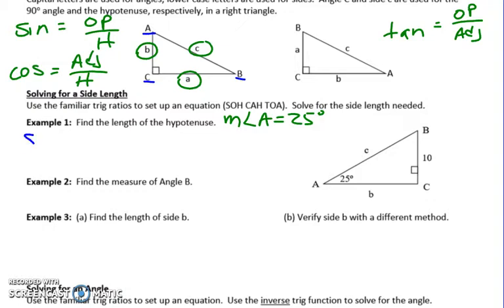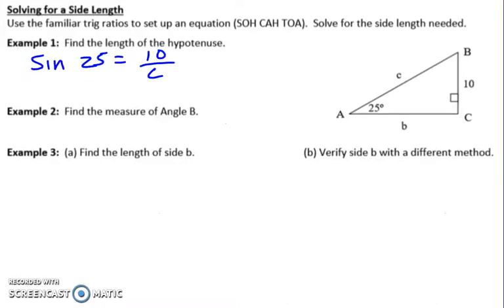So we can say the sine of 25 is equal to 10 over what we'll call c, which is our hypotenuse. So, to solve for c, we're going to set up a ratio. So we'll put this over 1. And we can cross multiply and say that the sine of 25 times c is equal to 10.